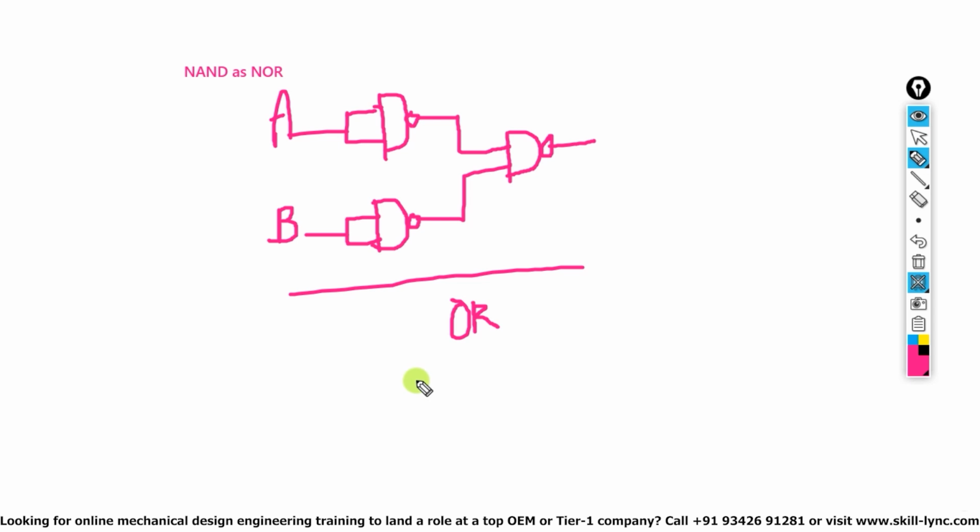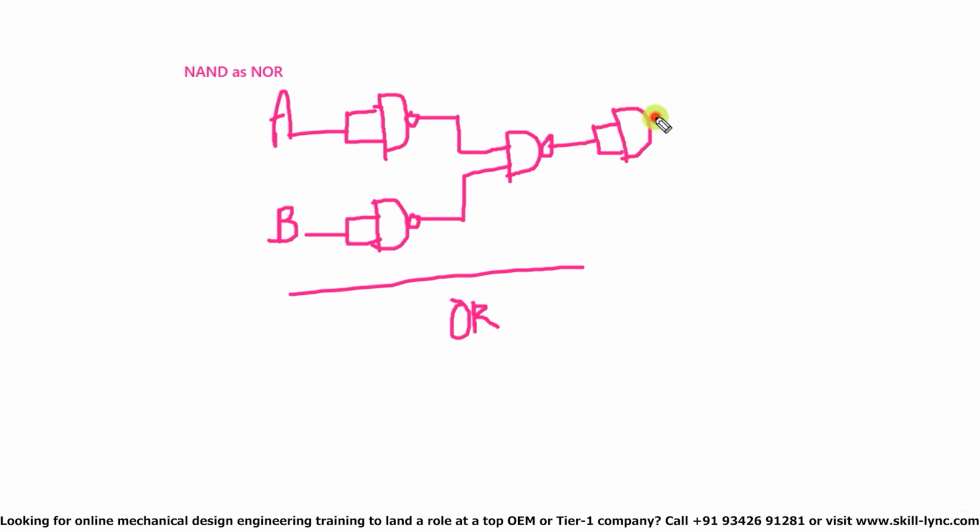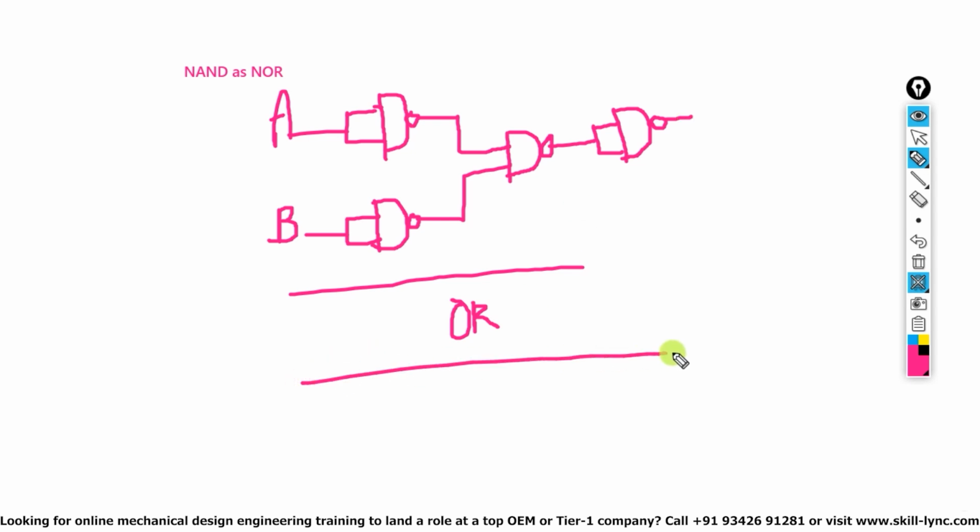Till this point, it is a circuit of NAND gate as OR gate. But now I have to prove NAND gate as NOR gate, so it can be done by putting one more NOT gate ahead of this. And NOT gate is nothing, just put a same value NAND gate to the output side. Now this thing is a NOR gate, because NOR gate is OR plus NOT, and till this point it is an OR gate.